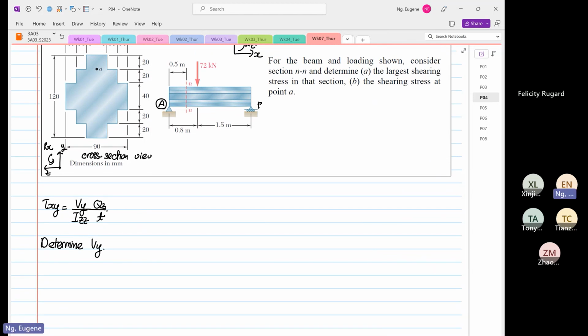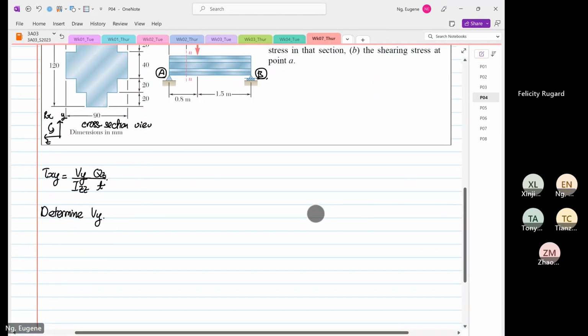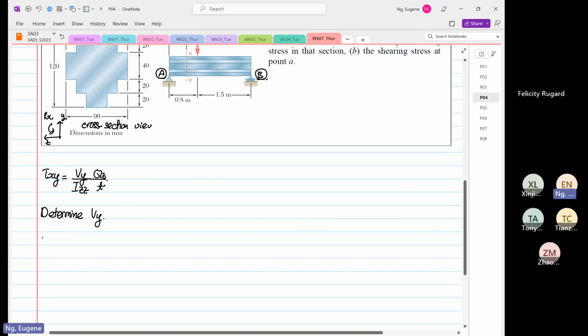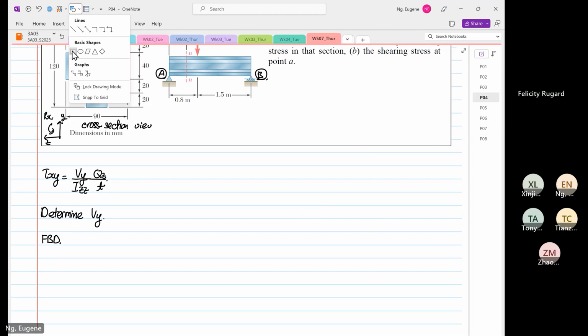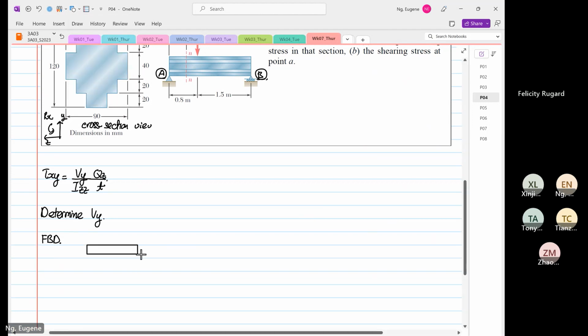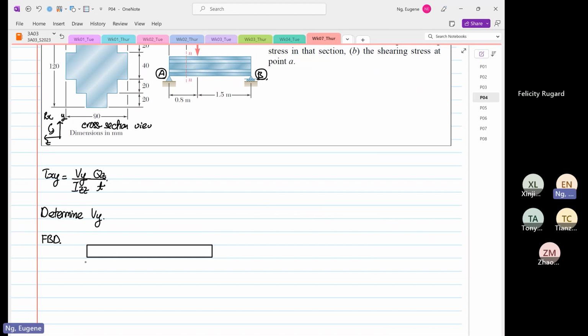So I'm going to call this our point A and our point B. Then I'm going to sketch our free body diagram. We know that we have an AY. We are aware that we have a BY.